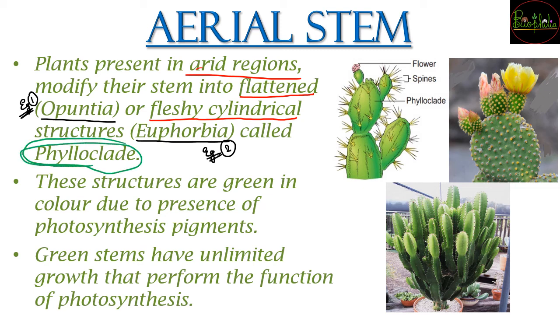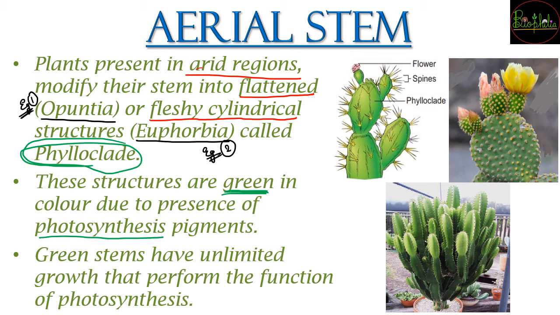So in phylloclade the stems can become flattened, they can become fleshy and cylindrical, and these are going to remain green, and because of the green color they might look like these are leaves or these are modifications of leaves, but you are wrong. These are going to be nothing but the stems, which are now called as phylloclades, and they will also help in the photosynthesis process because these are going to have green pigments.